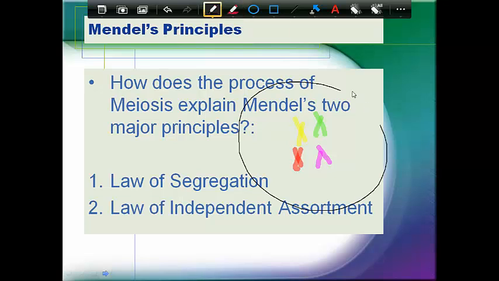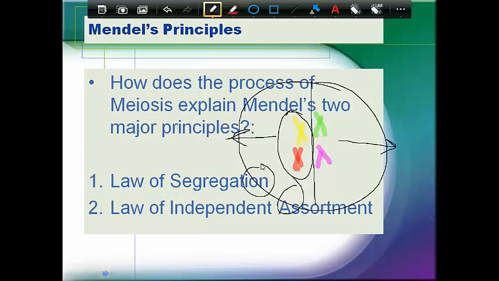Now when they divide up, we've got yellow and red together, and they will divide into their 2 cells, and green and pink together, and they'll divide into their 2 cells. So the combinations of the chromosomes, again, are random depending on how they line up right here in meiosis 1, depending on which side of the equator they line up on.